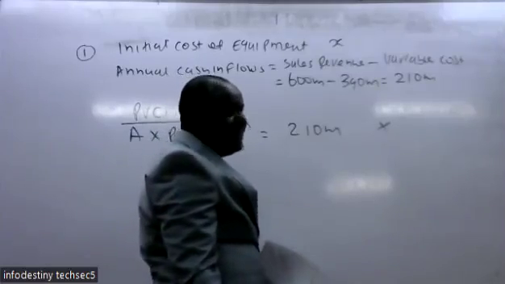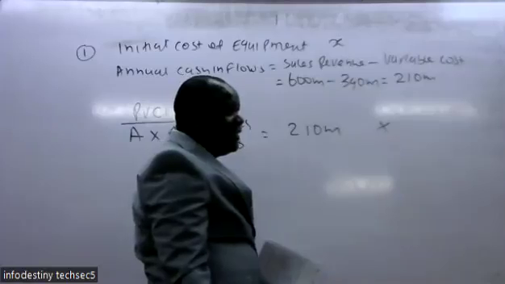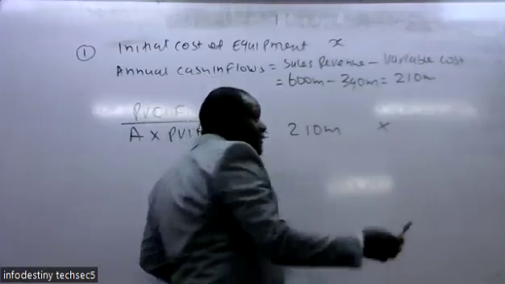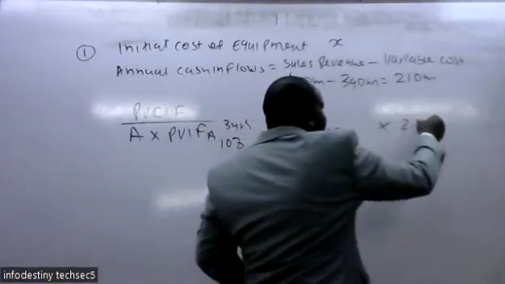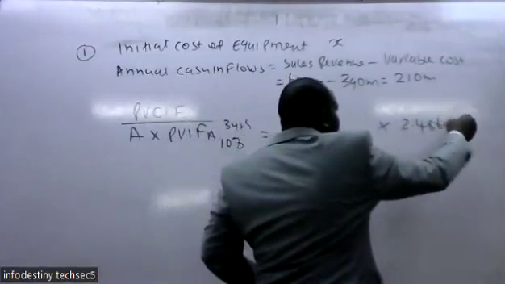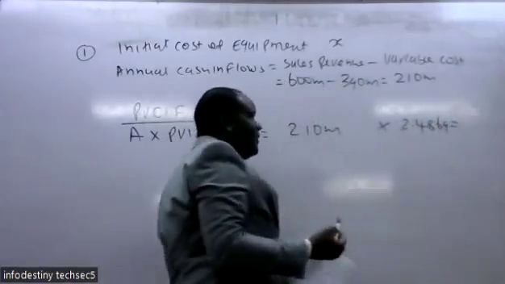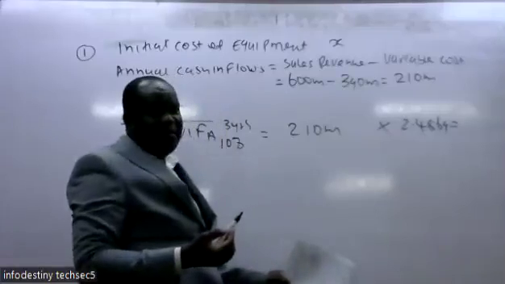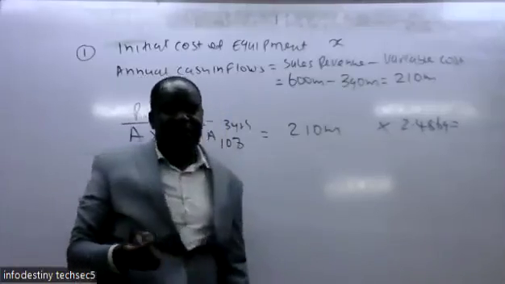Now, what out here? 2.4869. Yeah, so when we multiply, what should be our present value for that cash inflow?